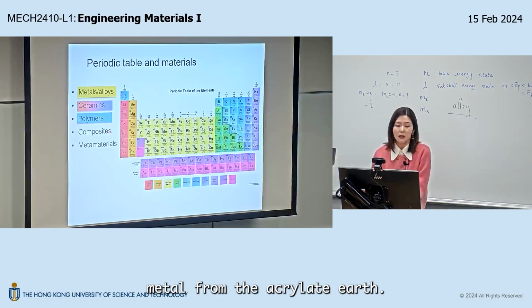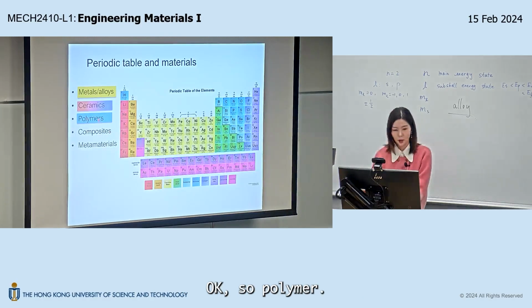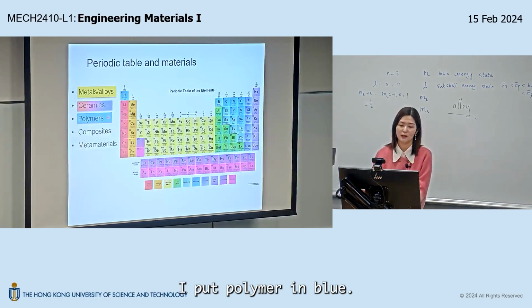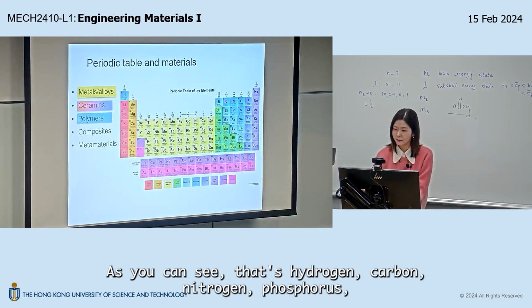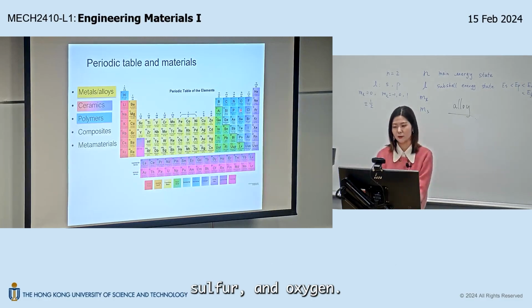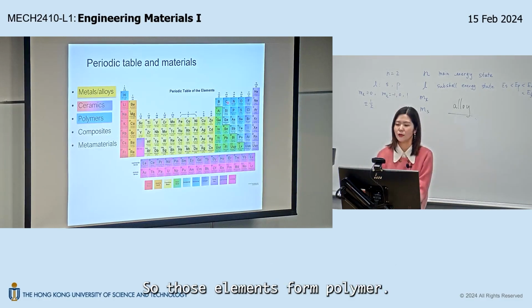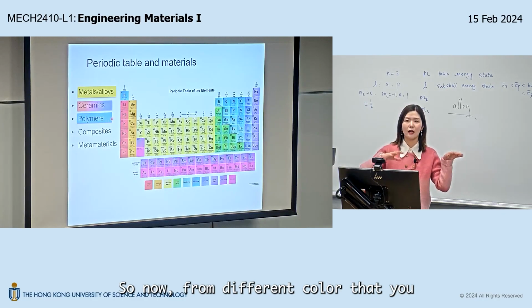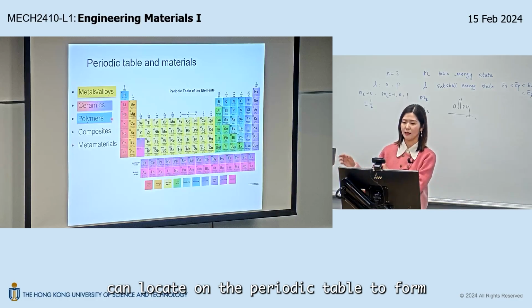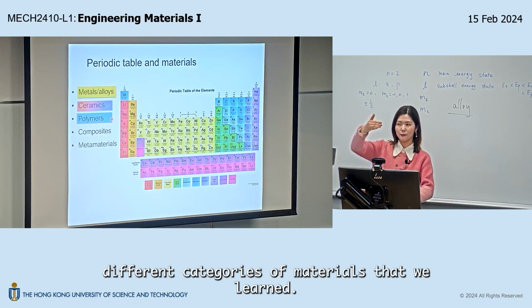Okay, so polymer. I put polymer in blue. As you can see, that's hydrogen, carbon, nitrogen, phosphorus, sulfur, and oxygen. Right? So those elements form polymers. Okay? So now from different colors you can locate on the periodic table the elements that form the different categories of materials that we learned.